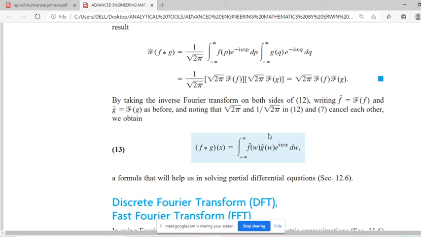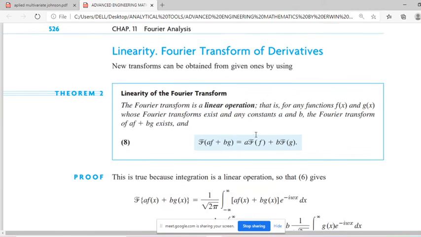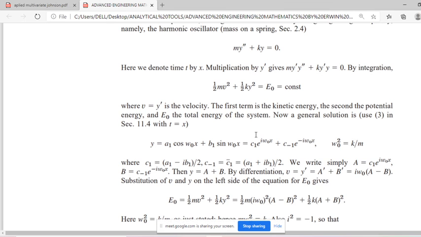Okay, using that equation. Since we have already one root 2 pi outside, that root 2 pi will get cancelled.